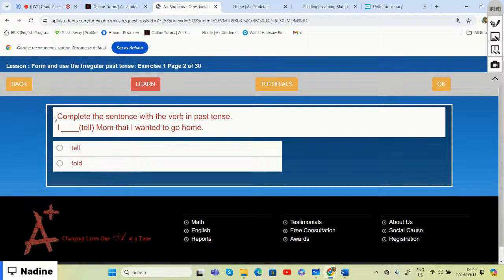Guys, is it option one or option two? What is the past tense of tell?